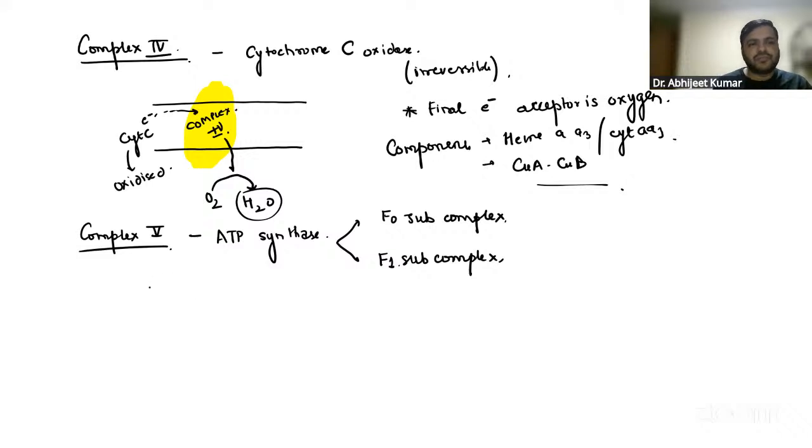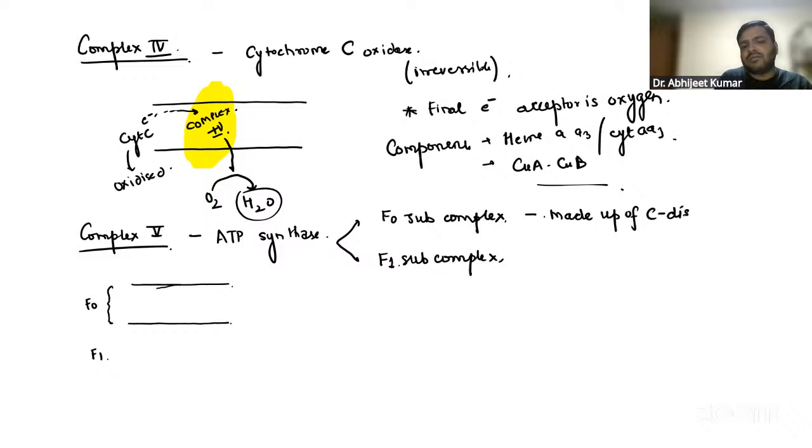Now let us assume that this F0 part is in the matrix and we have this F1 part. So F0 is basically made up of C disc proteins. Ten C disc proteins are there.